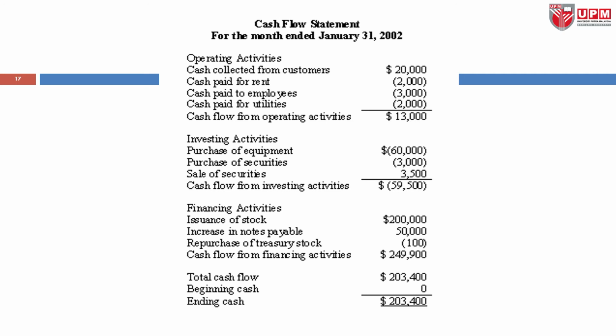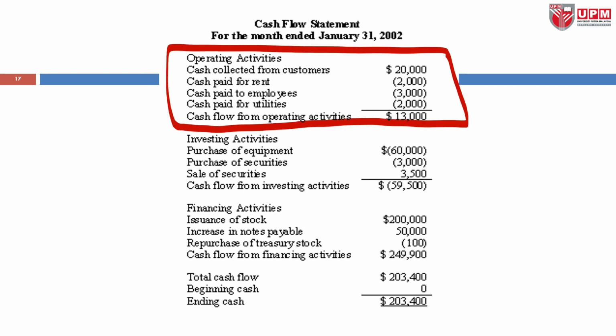So this is an example of the cash flow statement for a typical month ended January 31st, 2002 for a company. So we can see here the values of the operating activities: cash flow collected from customer, cash paid for rent, cash paid to employees, cash paid for utilities, cash flow from operating activities. So this is the first part on the operating activities.